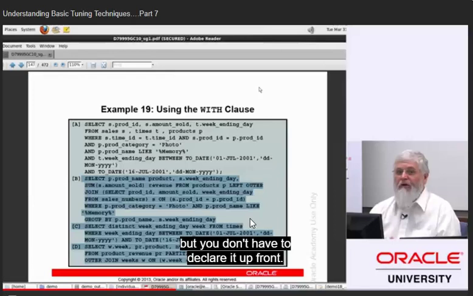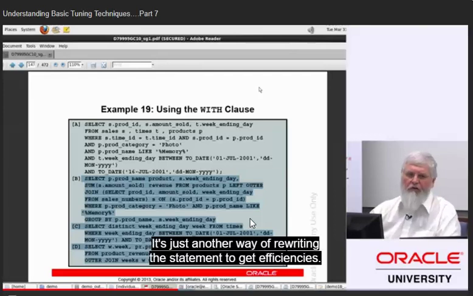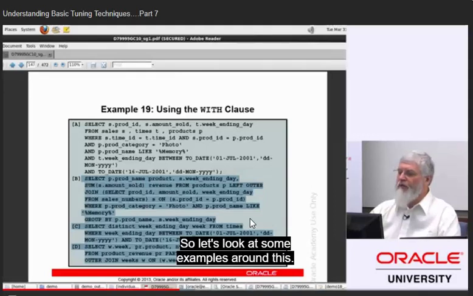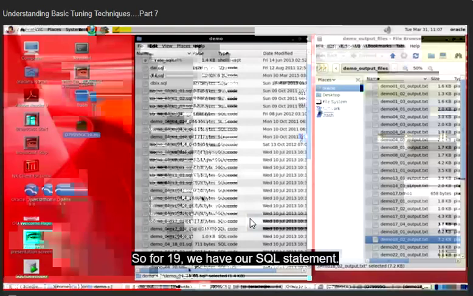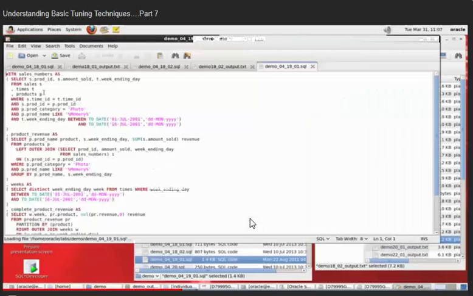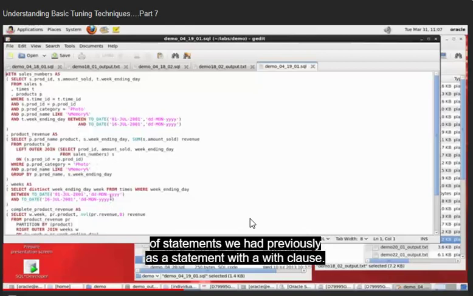So let's look at some examples around this. So for 19, we have our SQL statement. What we're going to do is rewrite the complex set of statements we had previously as a statement with a with clause. So we're calling the with clause the sales number, and this is the select.